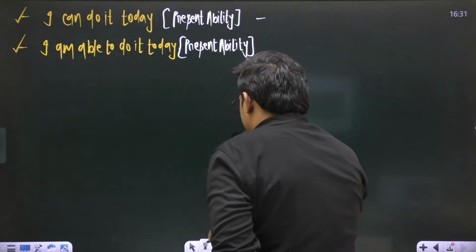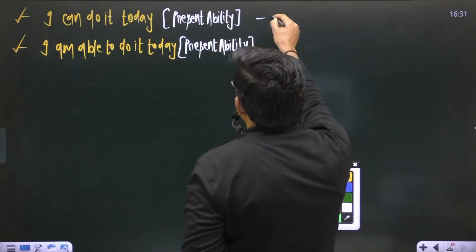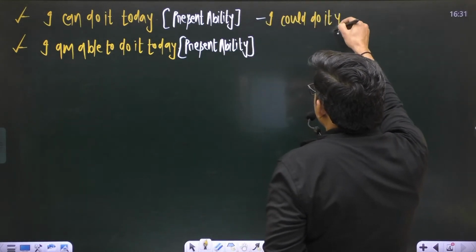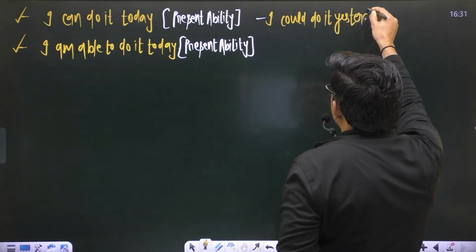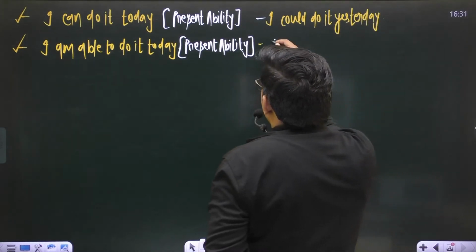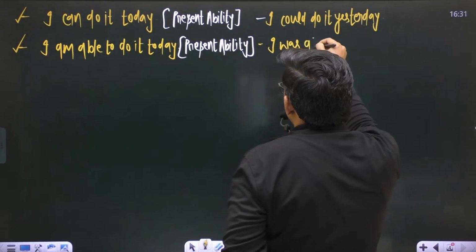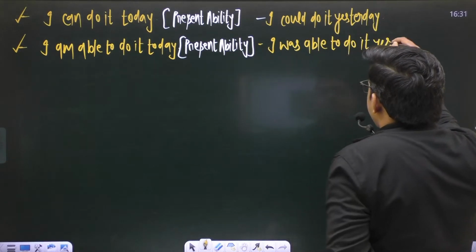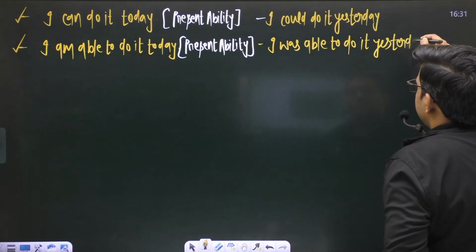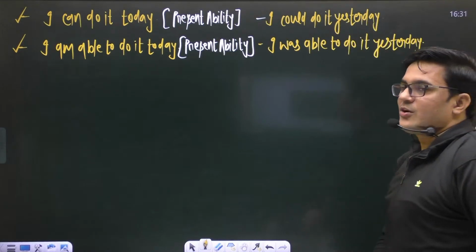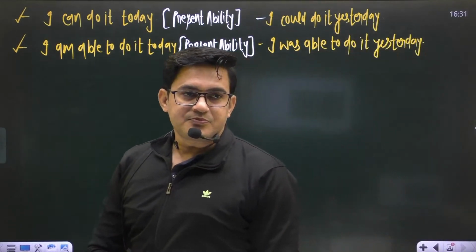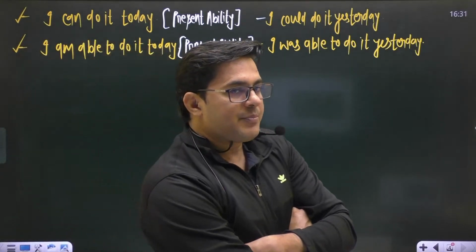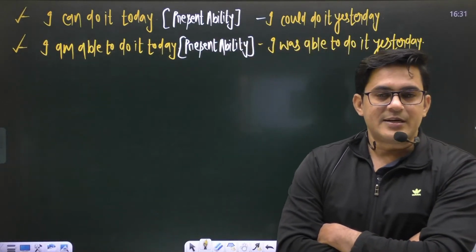Okay. And if I say, I could do it yesterday, I could do it yesterday and I was able to do it yesterday. So, what do you think of both the sentences? I can do it today. I am able to do it today. Two different sentences.